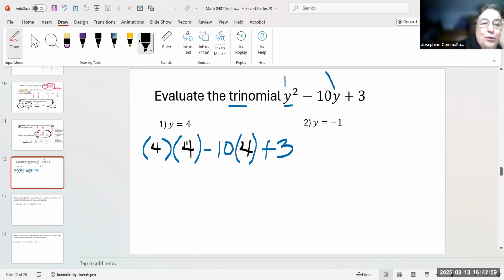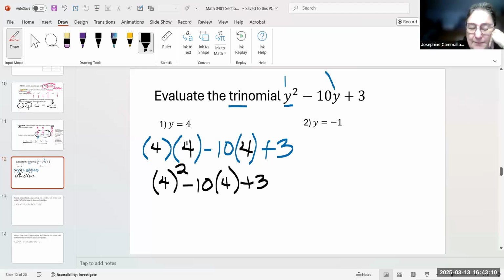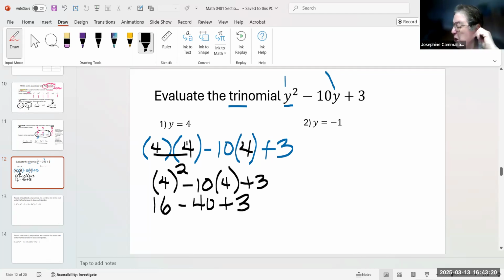Now, could you have done 4 squared minus 10 times 4 plus 3? The answer is yes. This is going to give me 16 minus 40 plus 3, which is going to give me a negative, okay, I should make that a 24.